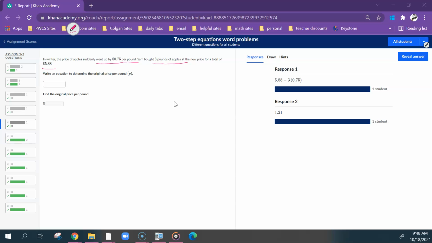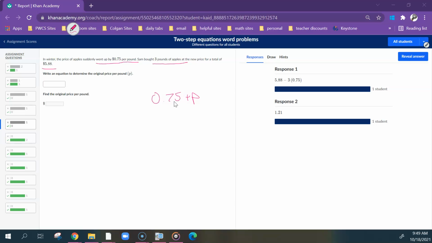Because the original price went up 75 cents, we're going to add 75 cents to some x or p. Whatever it originally was, we don't know what that amount is, but we know it went up 75 cents.